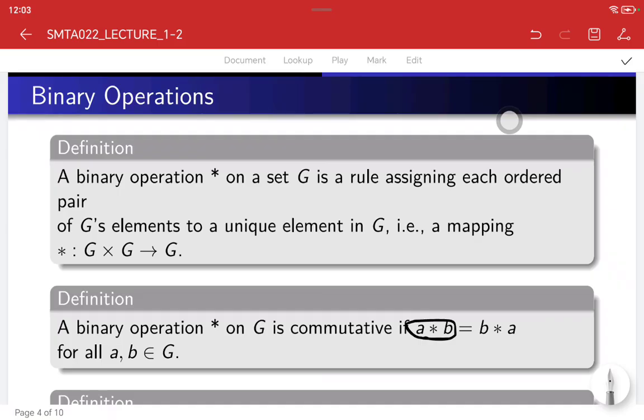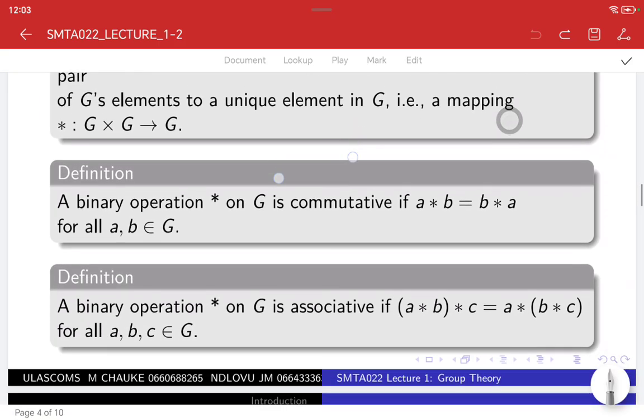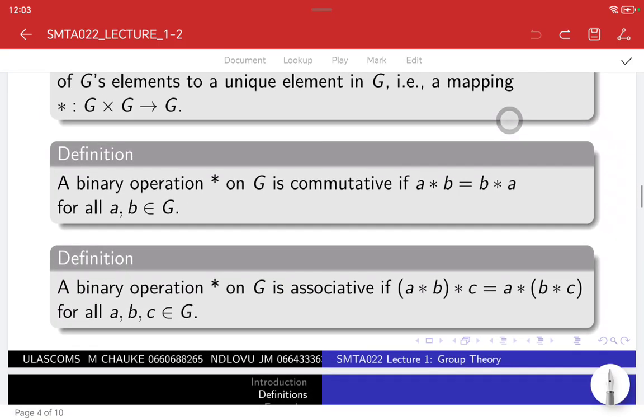Also, a binary operation star on G is associative if we take A, B, C from G, and we have A star B star C with these brackets, and then we shift the brackets to BC, this is associative.